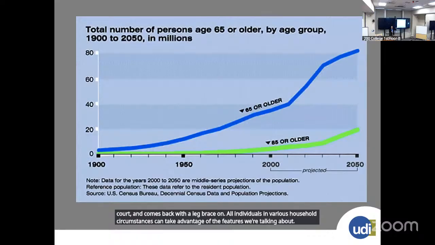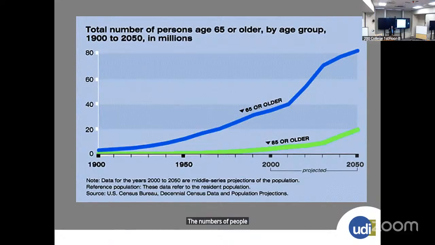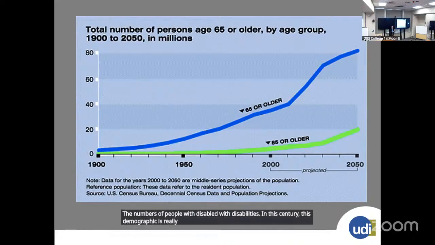So in the 1900s, we were responding to this great growth in the numbers of people with disabilities. In this century, this demographic is really what has taken hold additionally. You have this even larger number of people who are aging, and this chart is pretty graphic in terms of the growth in the population.